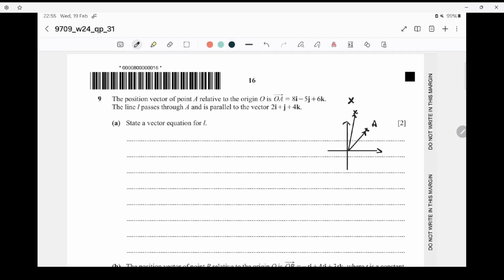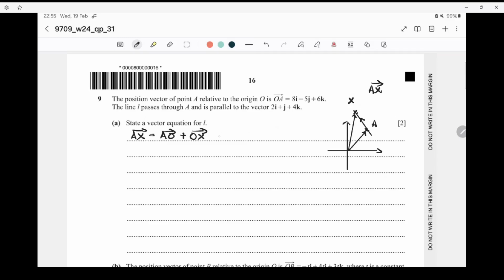So there is this vector that passes through A and is parallel to this vector. So this particular direction is, for example, AX. So we know that AX is AO plus OX.